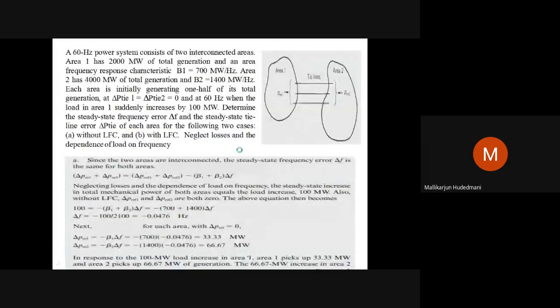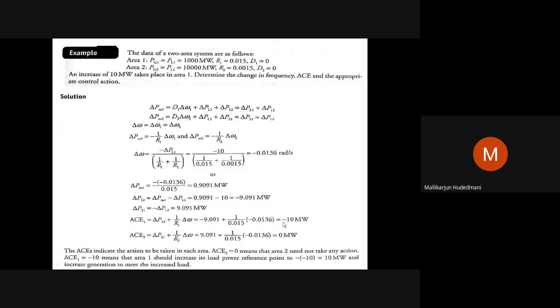This minus sign indicates that ACE having a minus means there is a shortfall of power in the area, deficit generation. Then till ACE becomes 0, the integral controller keeps on acting on the value of the P reference point, to see to it that ACE becomes 0. Negative is to correct it as an increase in set point.